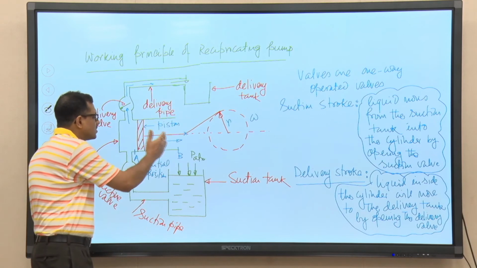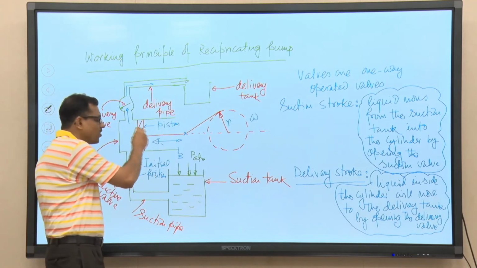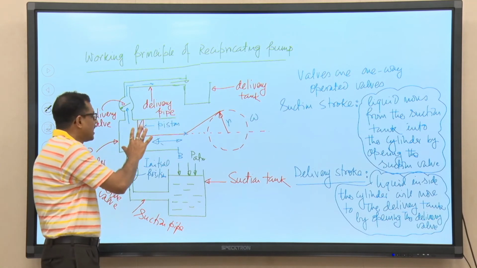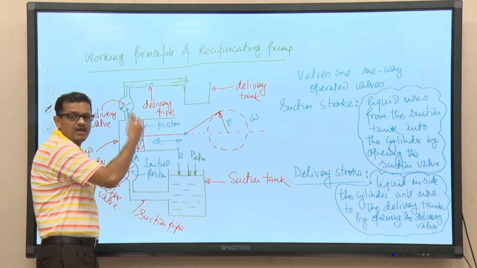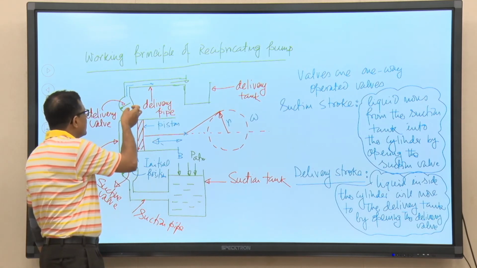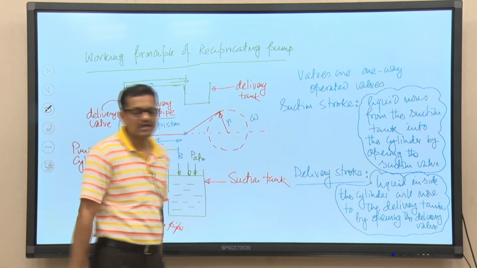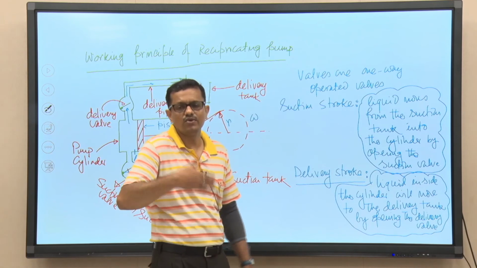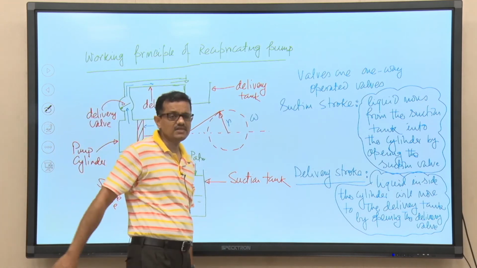When it starts, the piston creates a thrust on the liquid volume inside the cylinder, pressure builds up, and that pressure opens the delivery valve. The liquid eventually goes to the delivery tank through the delivery pipe, and that is how the cycle is completed. It is repeated depending on the frequency of the crank rotation.